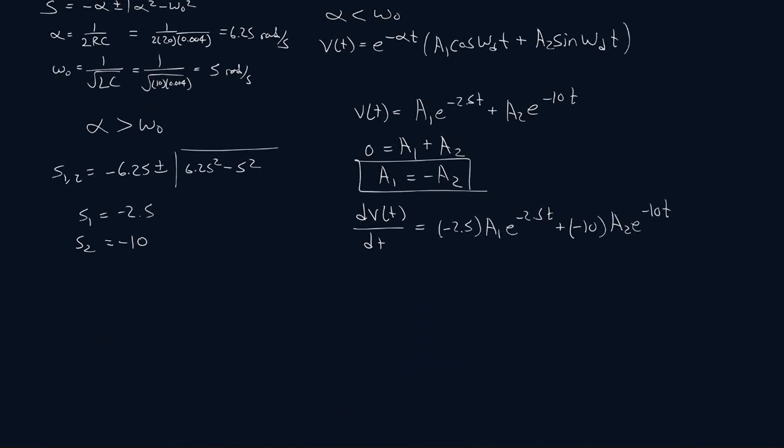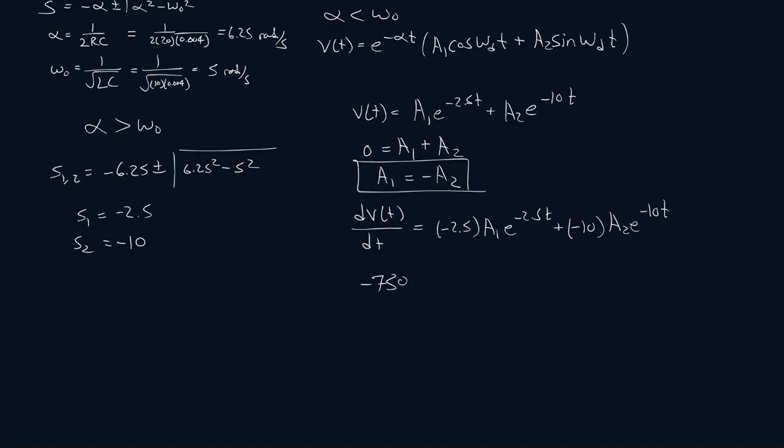So it's going to be minus 750 equals minus 2.5 A1 minus 10 A2. Okay, and this is gone because these are now to the power of 0. And recall A1 is equal to minus A2. So this and this cancel out. So minus 750 equals 2.5 A2 minus 10 A2.